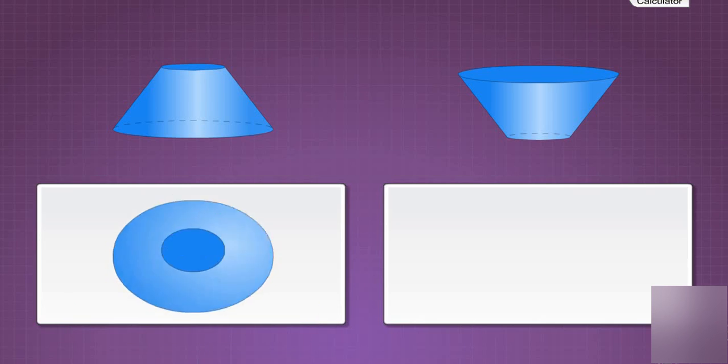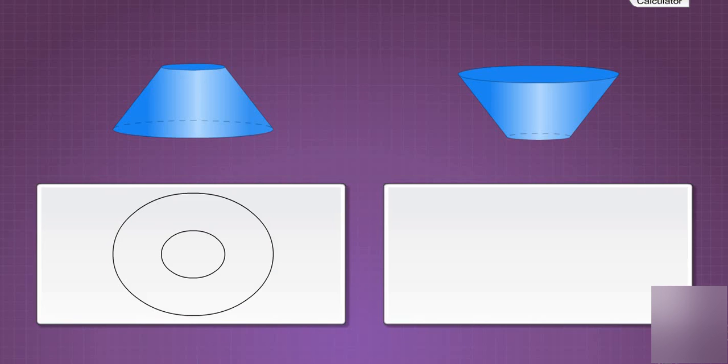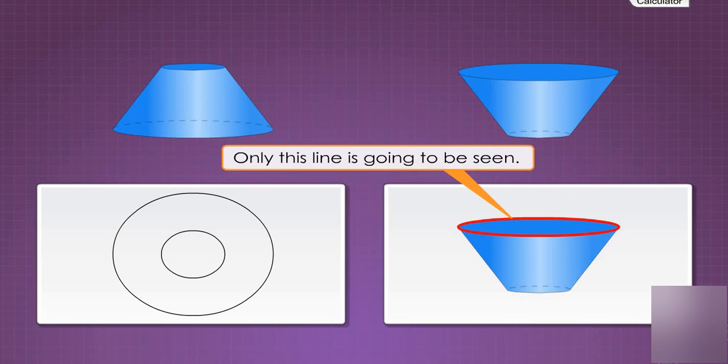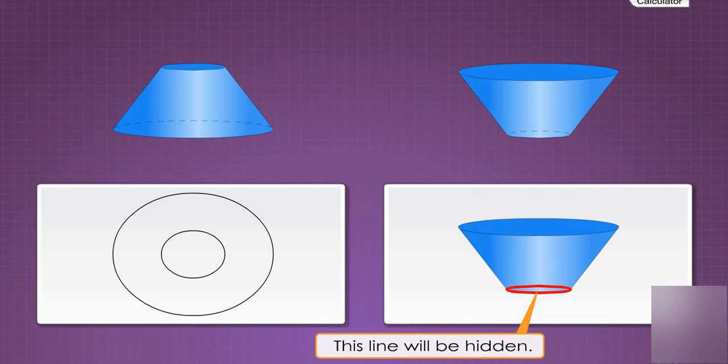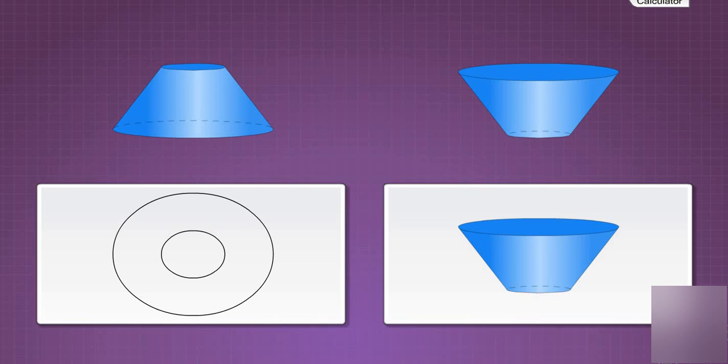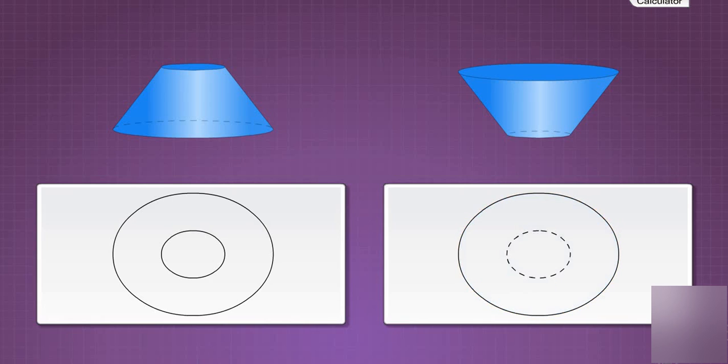So its plan will look like this. On the other hand, when the object on the right is viewed from the top, only this line is going to be seen. This line will be hidden. Hidden lines are represented by dotted lines, so the plan will look like this.